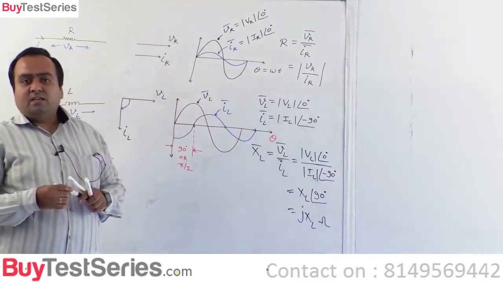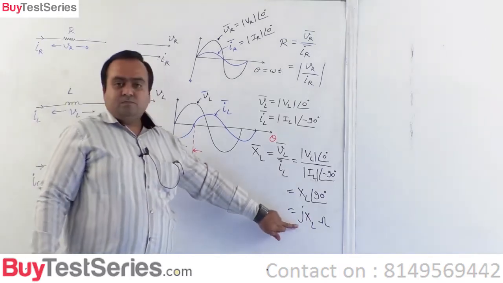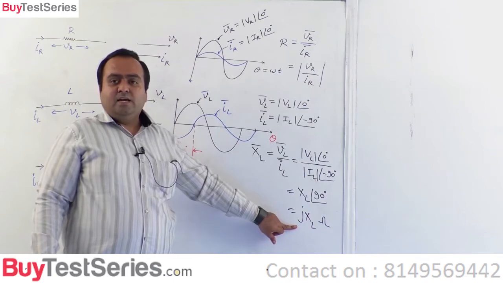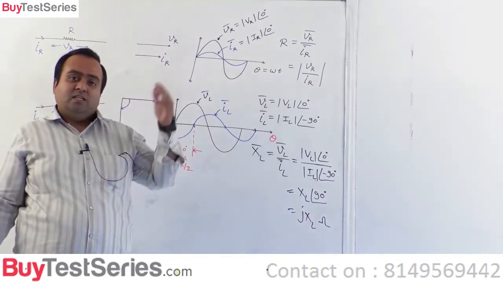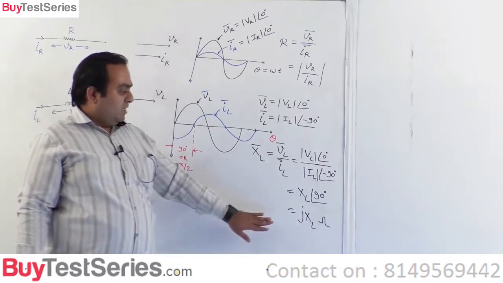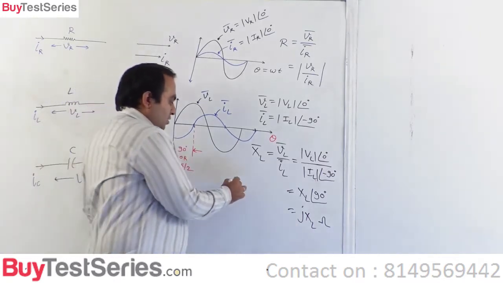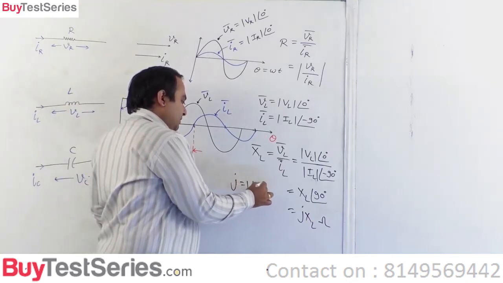So in phasor terms, the parameter j, or the operator as you may call it, will be there. This operator j is analogous to that number iota that you had studied, but here it becomes an operator. This operator j has a numerical value 1 angle 90 degrees.